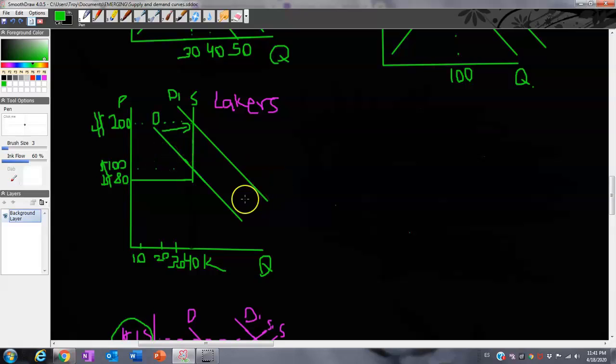Okay, so let's get rid of those. Now, it gets interesting when they're able to max out at their 40,000 tickets. Let's say they can only fill up the stadium with 40,000 people. Now what happens is the supply goes straight up. Okay? So let's say demand right here. At this demand, they can sell now those same 40,000 tickets for $100 per ticket.